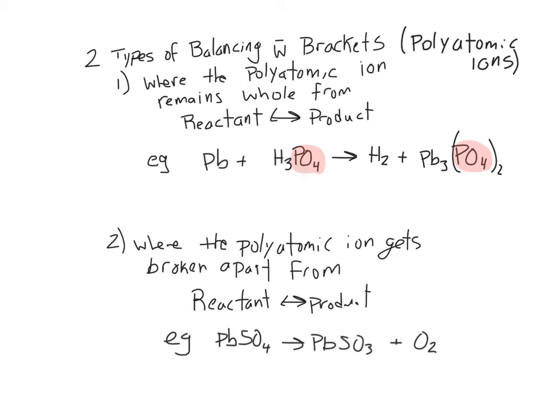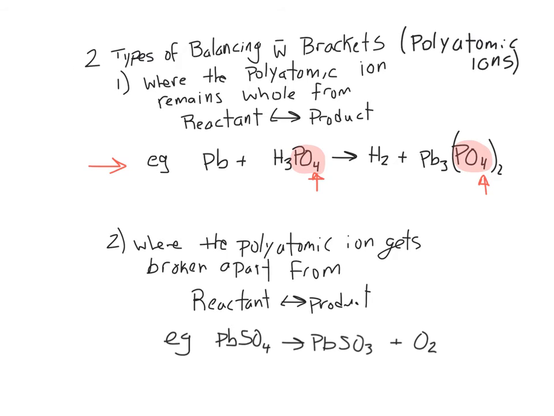So it exists on the left and it still exists on the right in its exact same form. It's really important that it's the exact same form because it's pretty easy for these numbers to switch up, and that's something that's easy to overlook. So make sure that it's the exact same number. This is, in my opinion, the easier type of balancing problem.